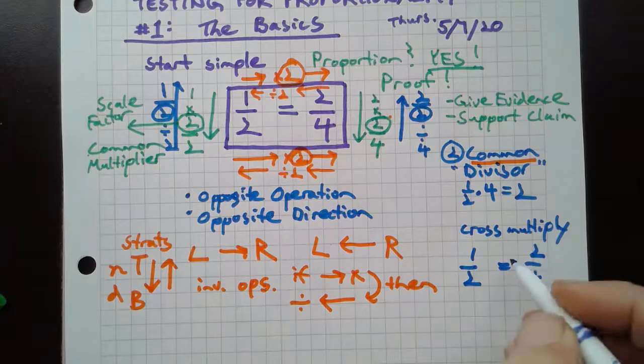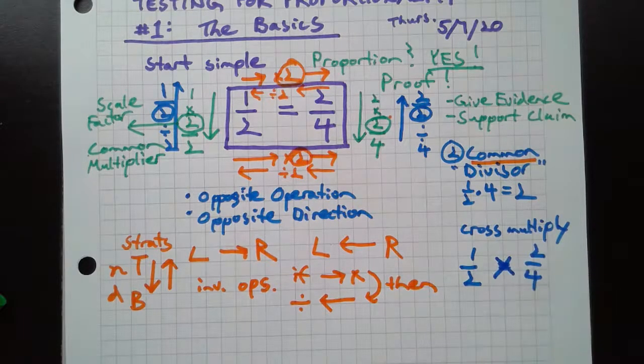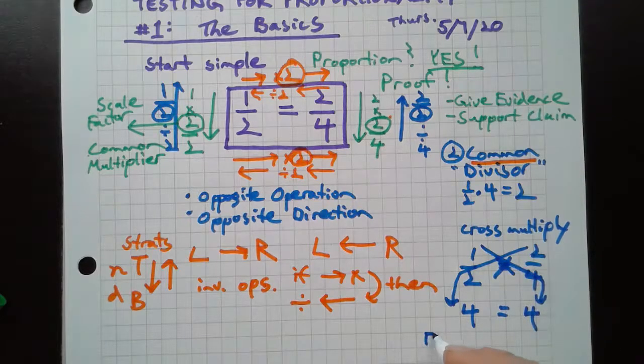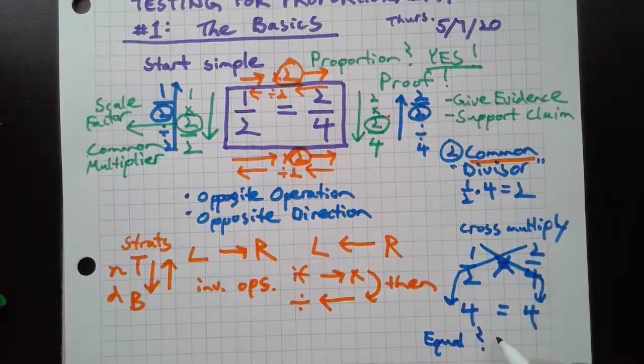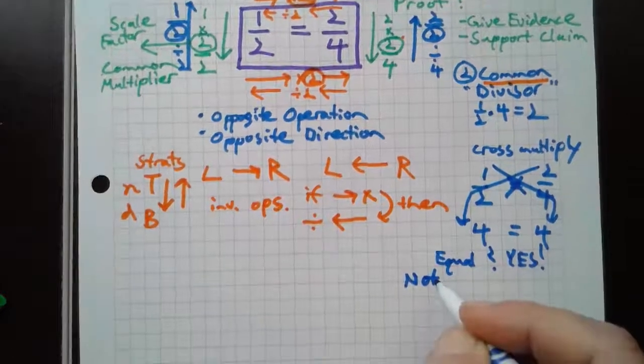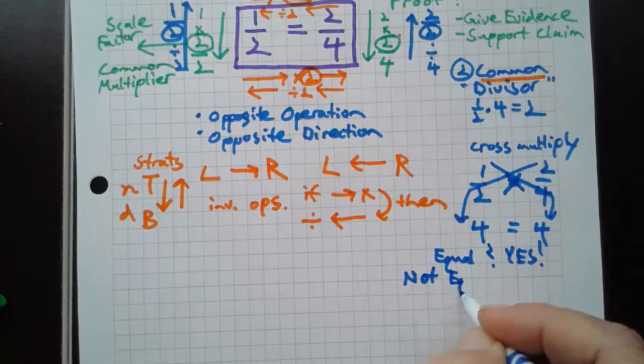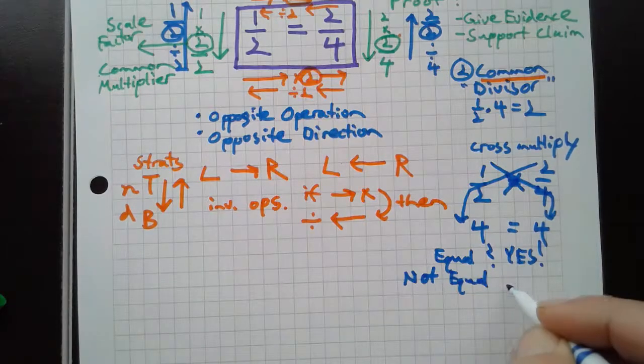If I cross multiply, I go 2 times 2 is 4, and 1 times 4 is 4. If the two things are equal, that means they are proportional. If they're not equal, they are not proportional. That's it.